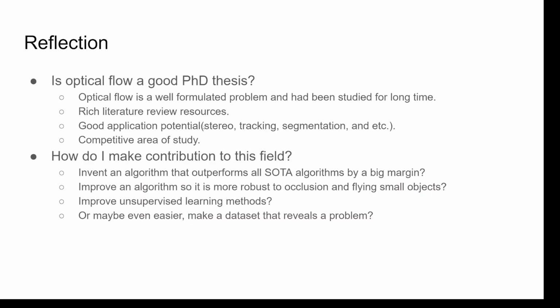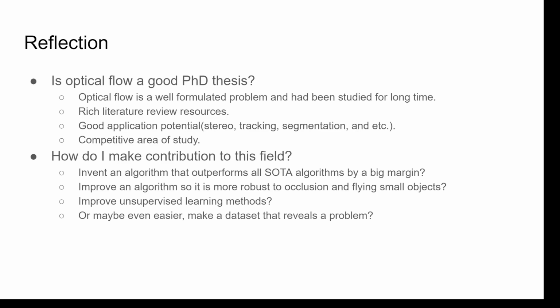And after doing a small survey, here are my reflections. Is optical flow a good PhD thesis? Well, it is a good, well-formulated problem, but as I can see right now, it's quite competitive and probably will be expensive to study in the future.